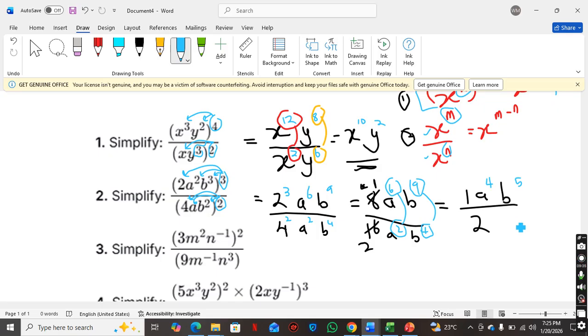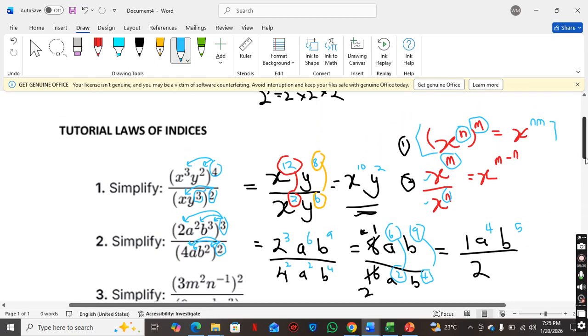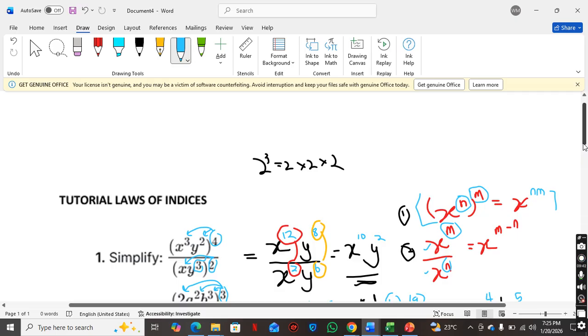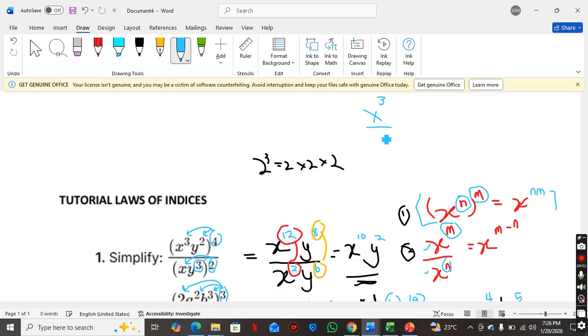Now, in a situation where you forget this law here, here's one thing you can do. For example, if you have x to the power 3 divided by x to the power 2.